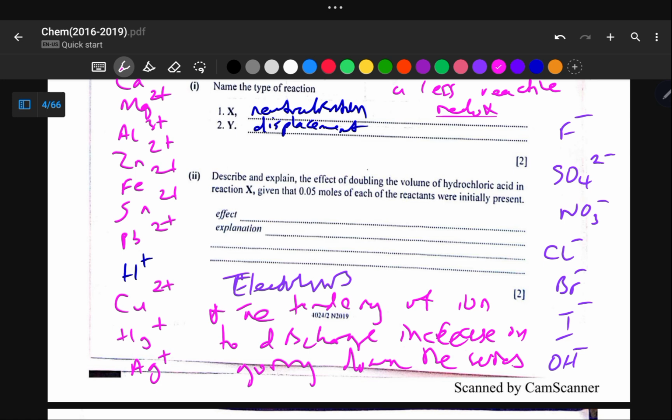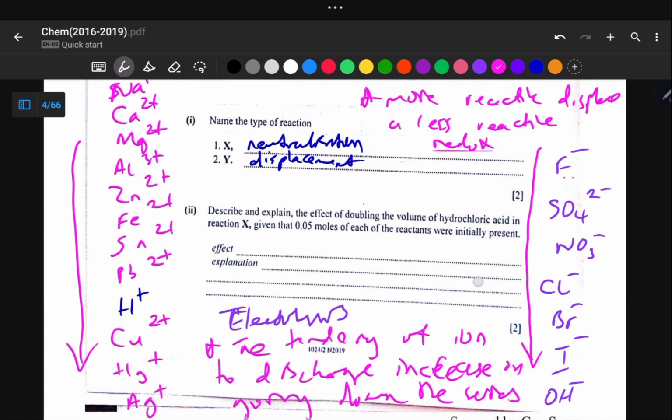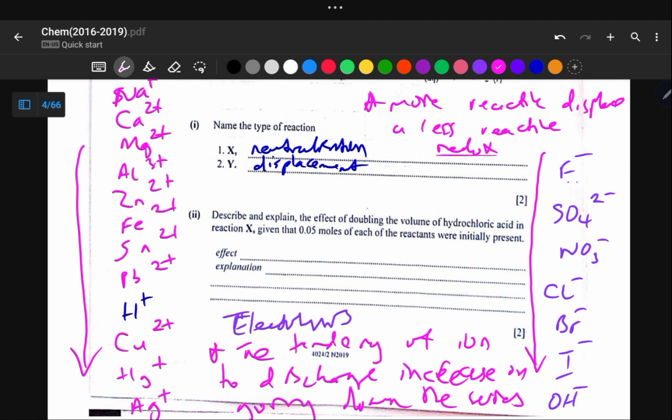So this is the reactive series, and this one is the trend of discharge, meaning fluoride ion is more reactive than the hydroxide ion, in simple terms, as you go down the group. So you should know it in this simplified version. The feasibility of the reactions decreases as you go down the series, right?